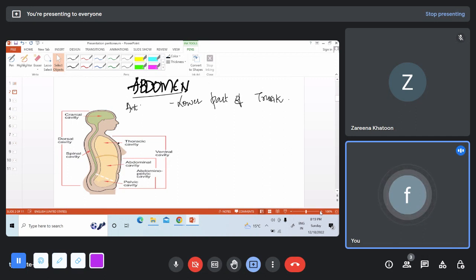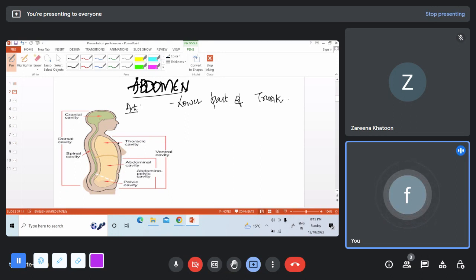So, what is abdomen? Abdomen forms the lower part of the trunk. See, these are the body cavities in this particular slide. Anteriorly, we have thoracic cavity, abdominal cavity, and pelvic cavity.